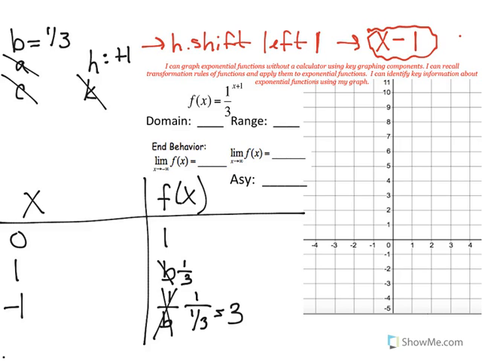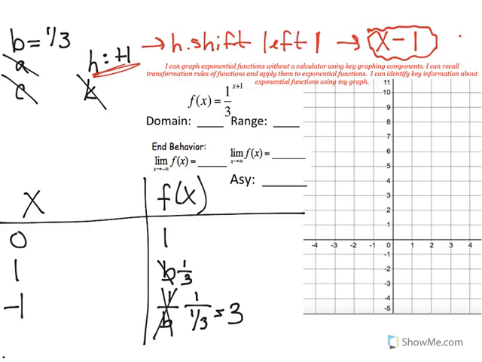Those fraction rules: fraction within a fraction, you keep the top one, you change division to multiplication, and then you take the reciprocal or flip the second one. So 1 divided by 1/3 is the same thing as 1 times 3/1, which is where we get the number 3.